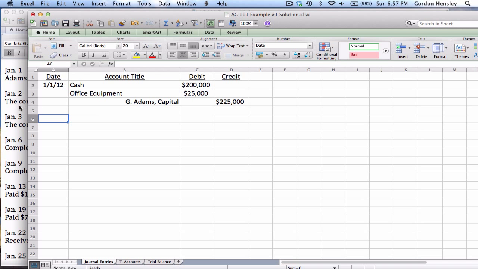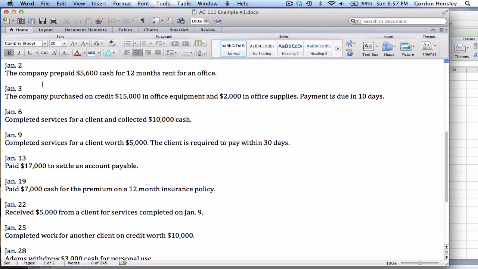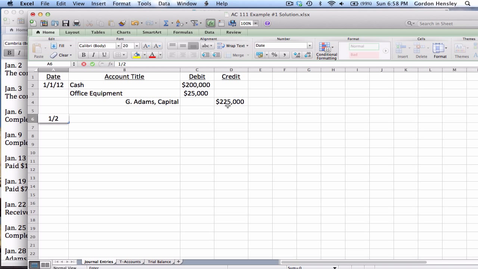Now, the next transaction. This transaction occurs on January 2nd and says the company is going to prepay $5,600 cash for 12 months rent for an office. So this is occurring on the 2nd. That's the date. I've got to record this.